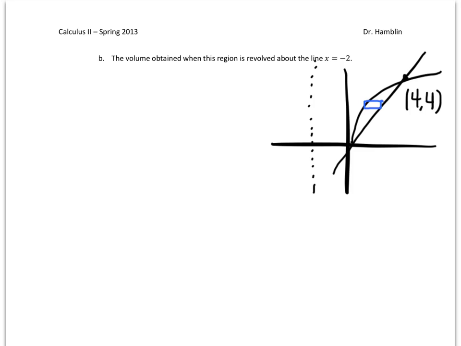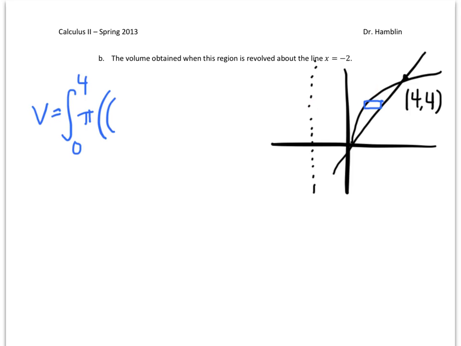And that means that we're integrating with respect to y. So our volume is going to be an integral. Our y values go from 0 to 4. And when we've got a washer again, we're going to have pi times the outer radius squared minus the inner radius squared. So the outer radius is based on the right-hand end of this rectangle, and it's the distance from the right-hand end of the rectangle to the axis of rotation.